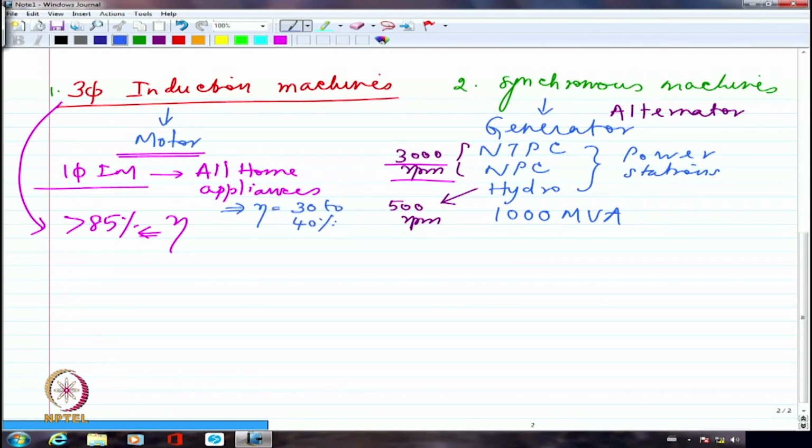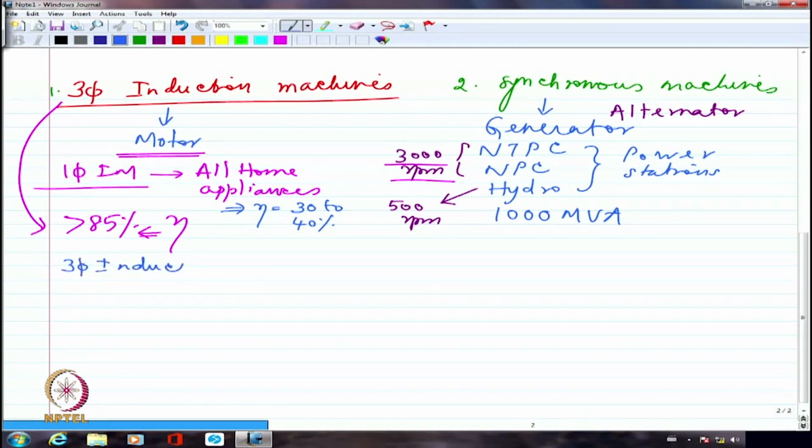You definitely know the aggressive advertisements that take place for refrigerators, washing machines, and so on and so forth. Every little drop in the price will cost them heavily, if the other person has a higher price. So generally nobody cares about the design of single-phase induction motors so much. Even if it has a 5-star energy efficiency rating, nobody is going to go and fall for it, as long as the price is somewhat lower in the other case. That's the reason. Now let us go on to the basic structure of three-phase induction motors.